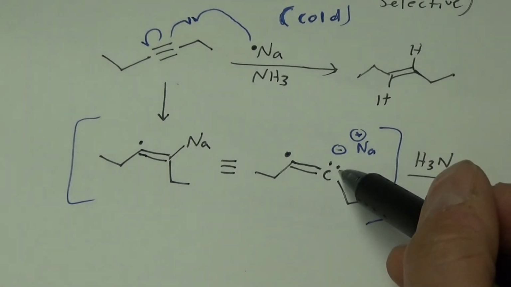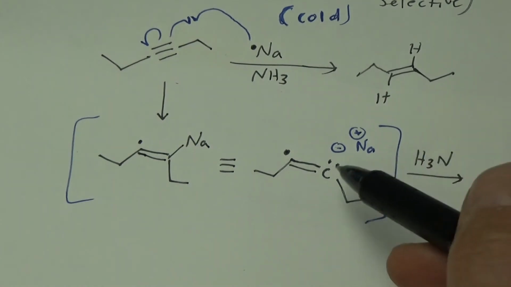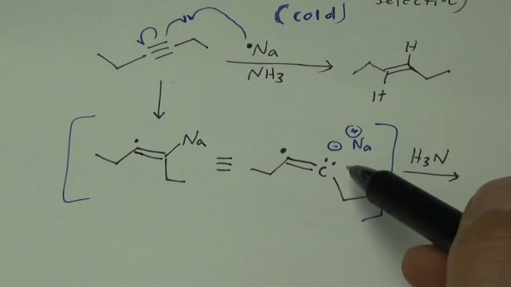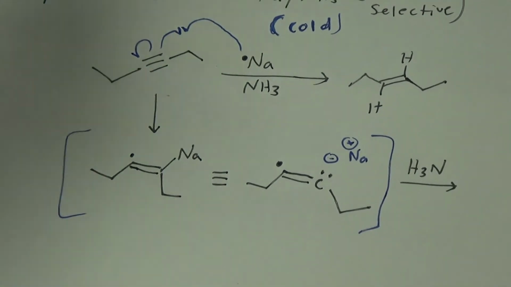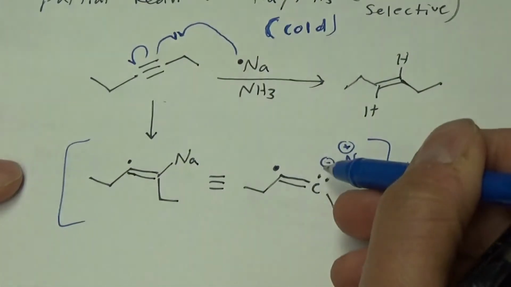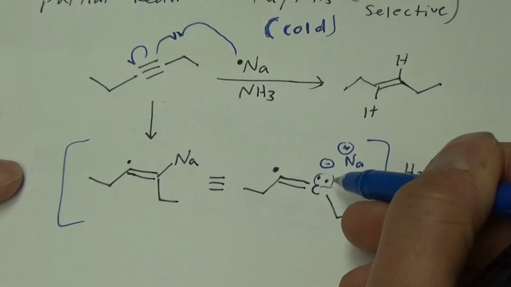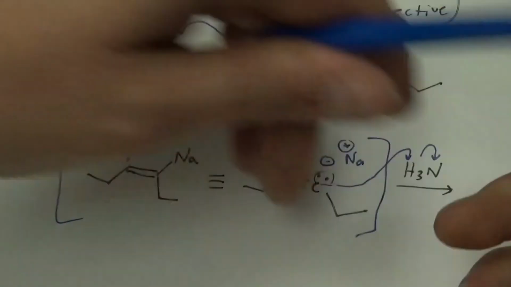This is going to be a super base, and we've got a proton that can be provided. The carbanion is going to rip a proton off ammonia, because you have lots of ammonia, right? So now I'm going to circle this and go grab the proton. Okay, good.